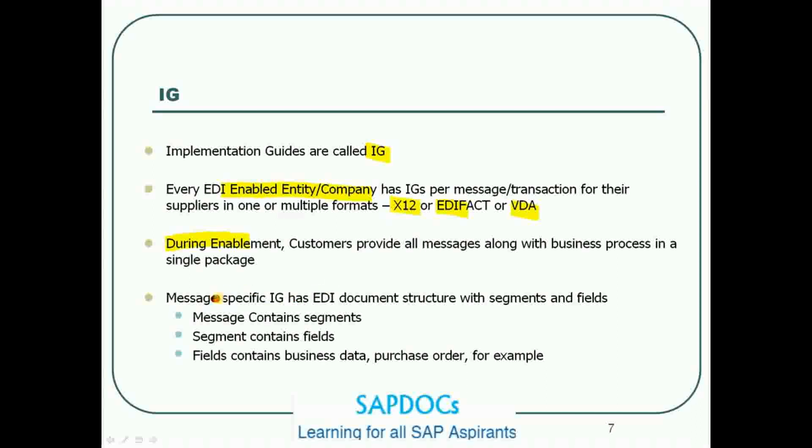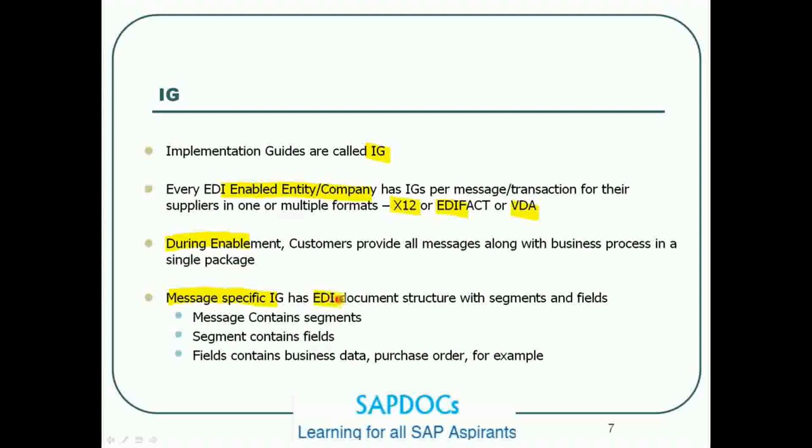And in this single package, you tell the supplier how the data should go back and forth, and what actions the supplier needs to take to complete the business functions that the data carries. For every message specific IG, IGs are like a blueprint of a given message, and it gives the document structure that you are trying to send.